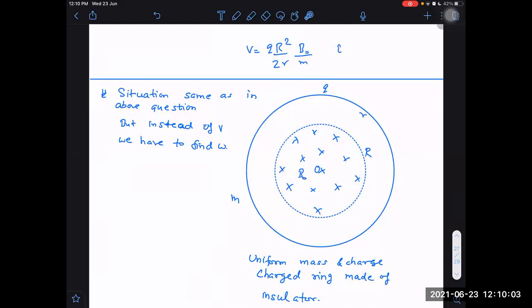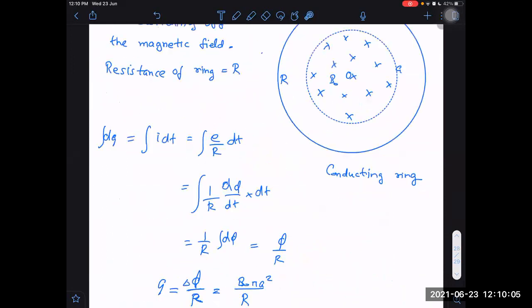Sir, if it is a disk inside, it will be different. Inside the cylindrical portion also some portion of the disk will be there. Doesn't that make any difference?